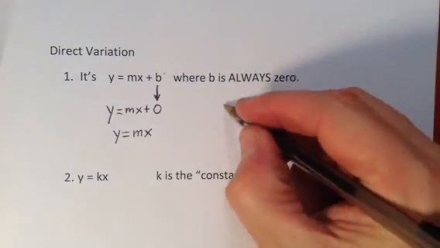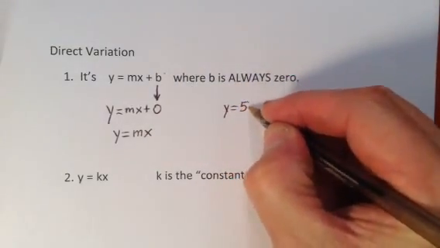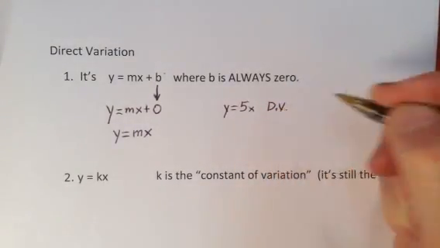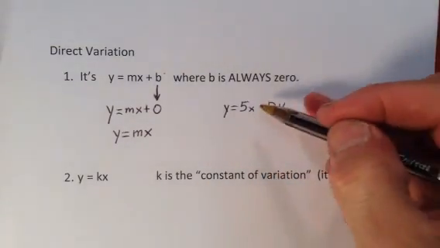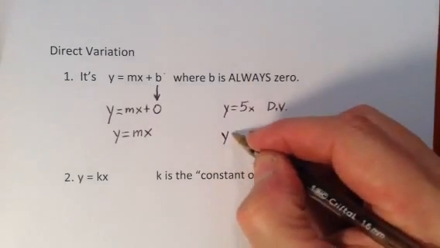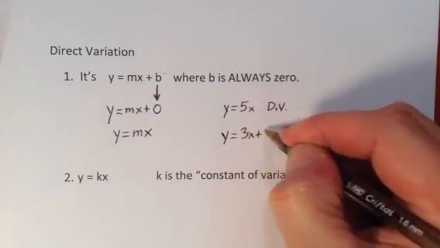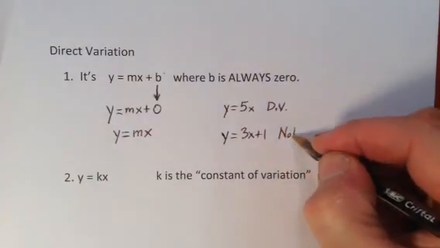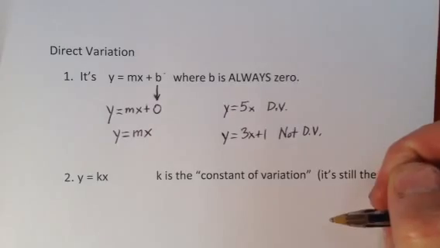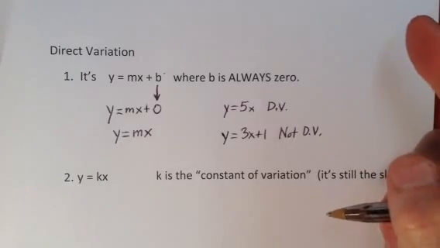So for example, y equals 5x would be a direct variation. I'm just going to say DV for short, because my y-intercept is 0. Y equals 3x plus 1 will not be a direct variation because its y-intercept is not 0. That's the first thing I want you to remember.